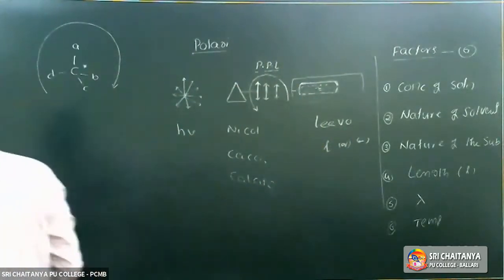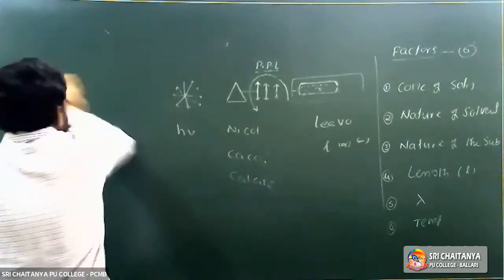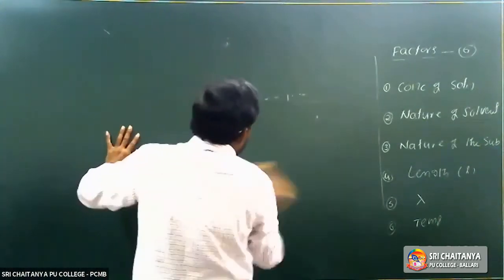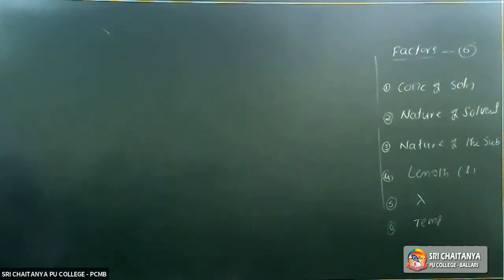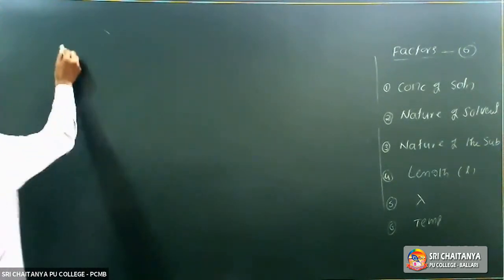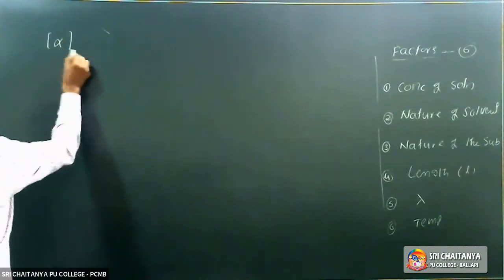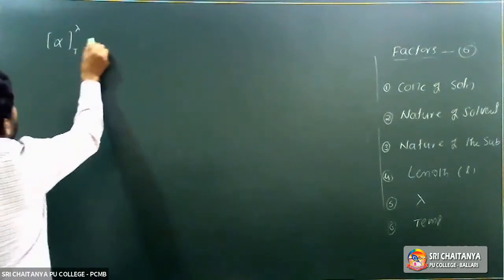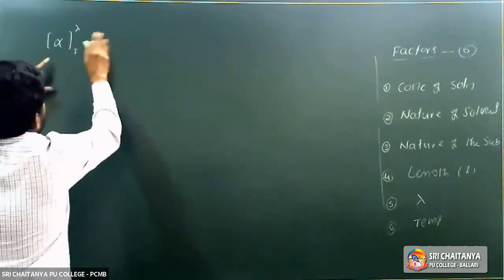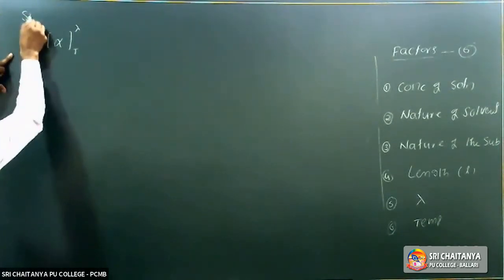Next, what is specific rotation? How is it calculated? Specific rotation is denoted by alpha, at a given temperature T and wavelength lambda of incident radiation.